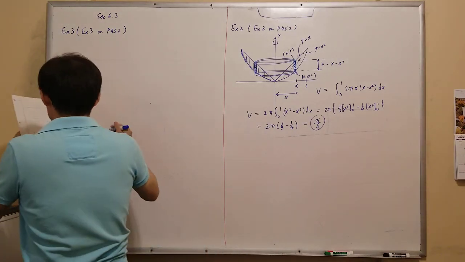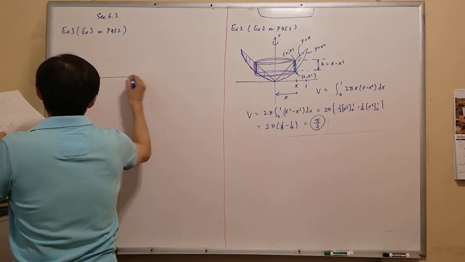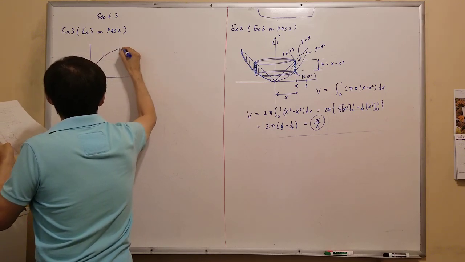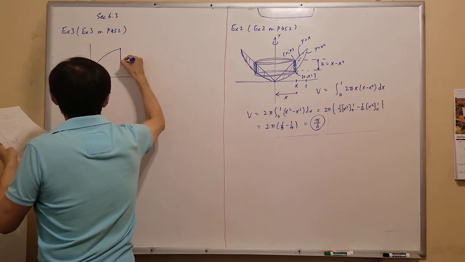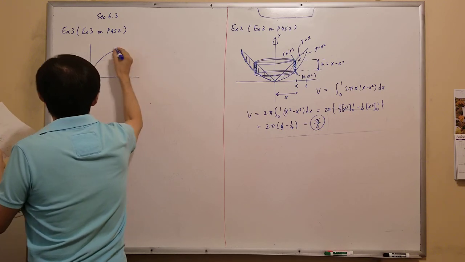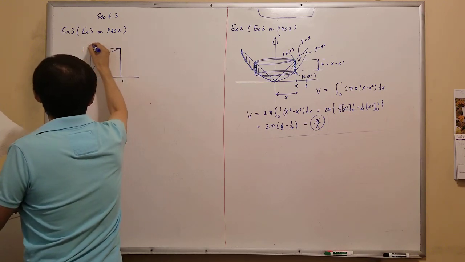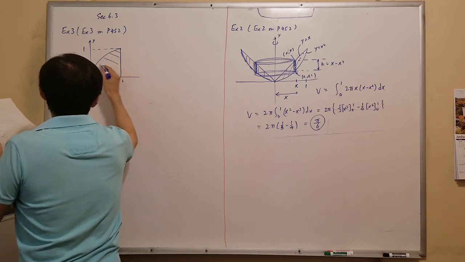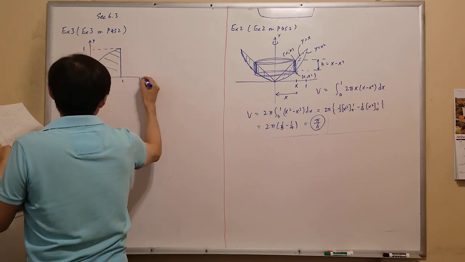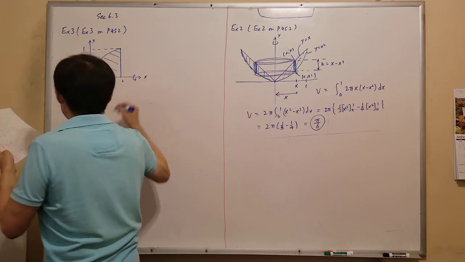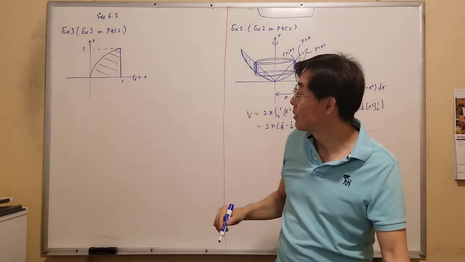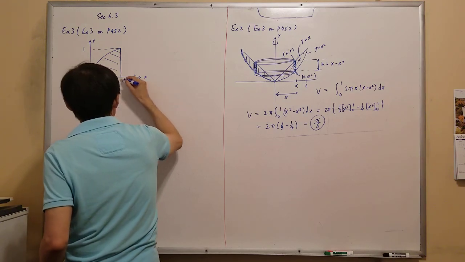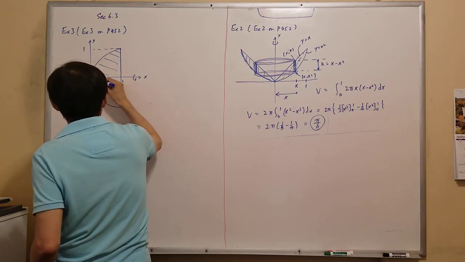So, this time, this is (1,1). We rotate this one not around the y-axis, but about the x-axis. The shape will then be like this. Okay?